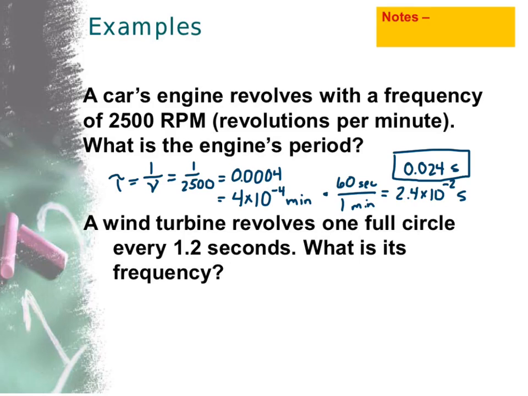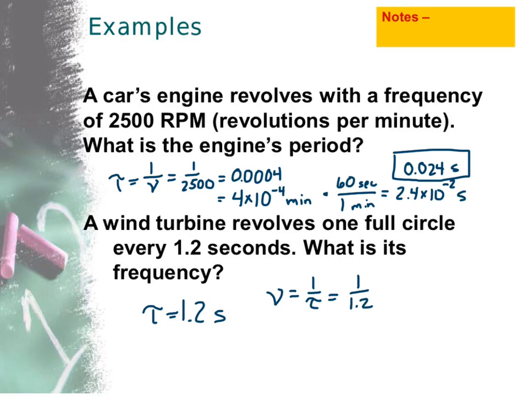So let's say we have a wind turbine that revolves one full circle every 1.2 seconds. So its period tau is equal to 1.2 seconds, because that's the amount of time it takes to go a full circle. What is its frequency? Well, frequency nu equals 1 over tau. So that's equal to 1 divided by 1.2.